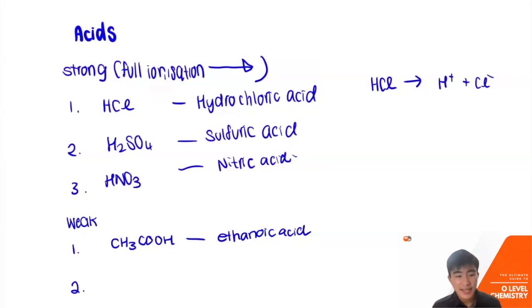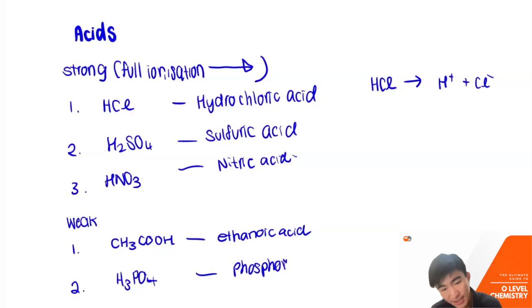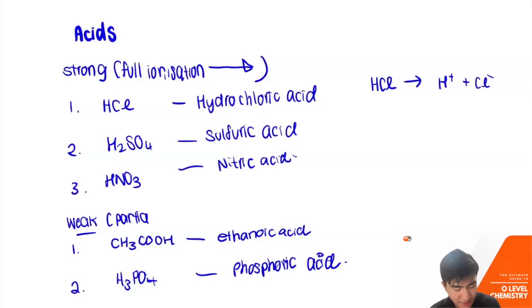The other one is H3PO4. This is known as phosphoric acid. This one is very uncommon, very rare, but good to know. Most important is that weak acids undergo partial dissociation or partial ionization.